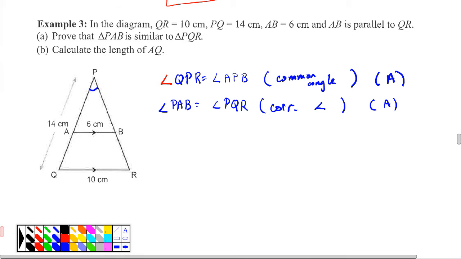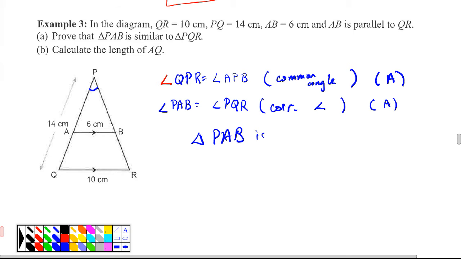This is the second A. Do I need a third A? No. Because the two angles are the same, therefore triangle PAB is similar to triangle PQR.